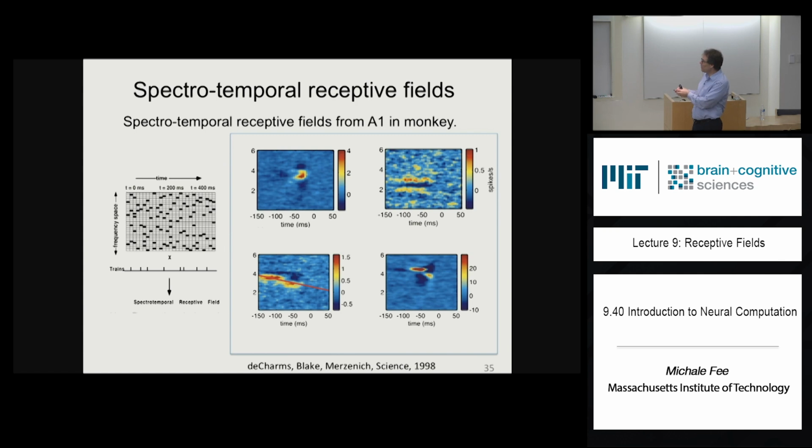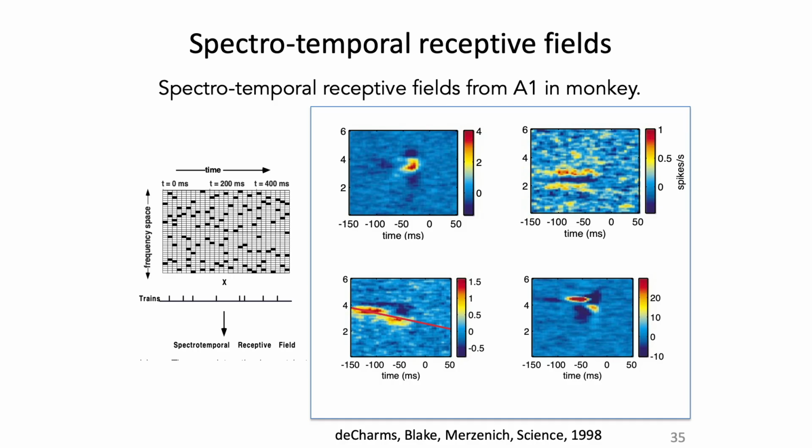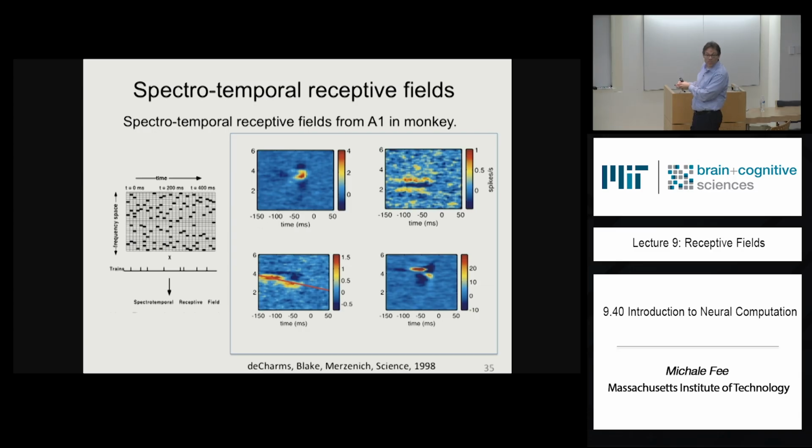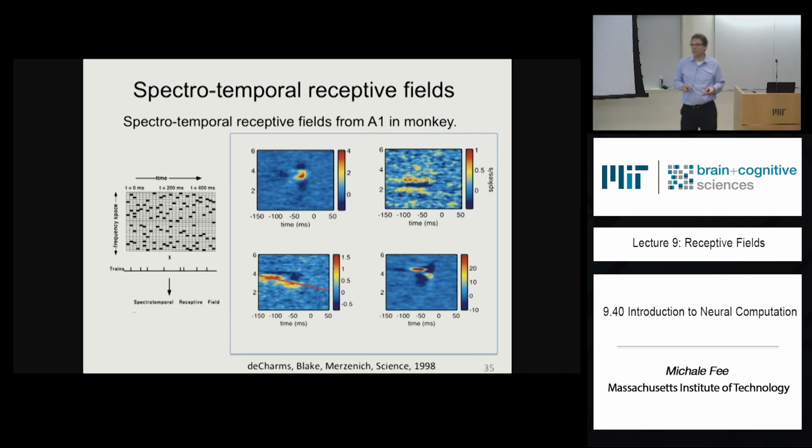Good. A downward sweep, the tone sweep that goes from about 4 kilohertz to 3 kilohertz in how long? In about 100. That's right. Maybe 50 would do. Okay? Like that.